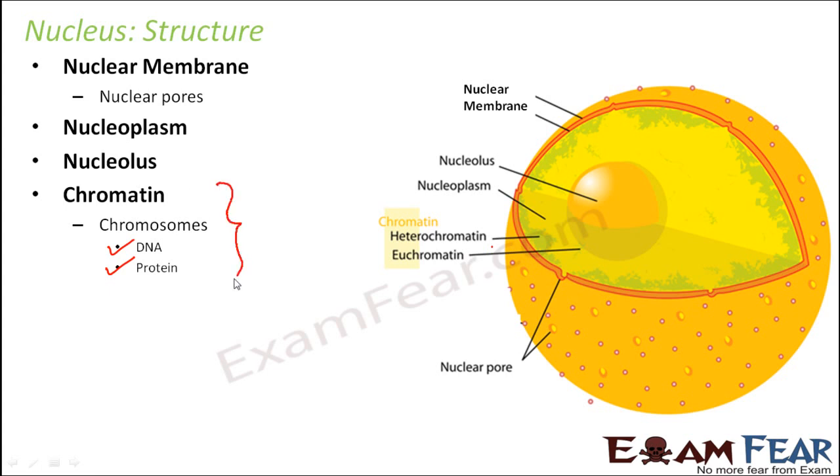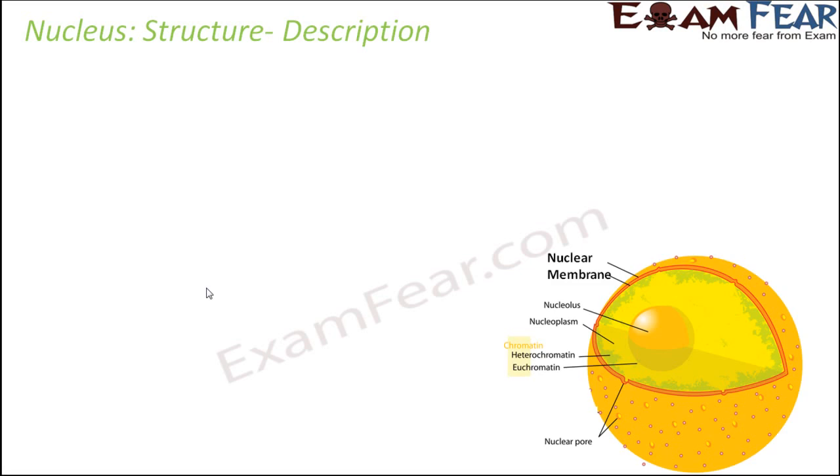So basically the genetic material is contained with the chromatin. Chromatin play the most crucial role in the process of cell division. These are the different parts which together constitute the nucleus. Now we will talk about each of these parts, their function, in the next slide.